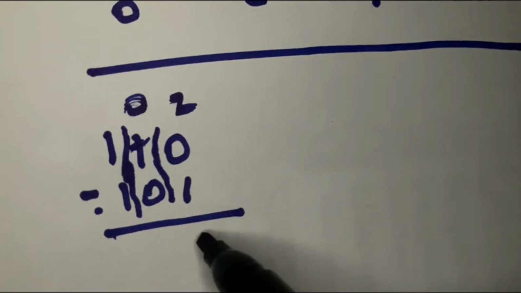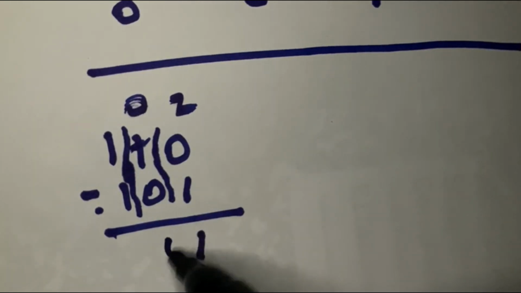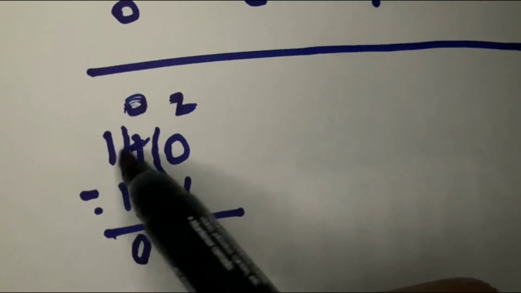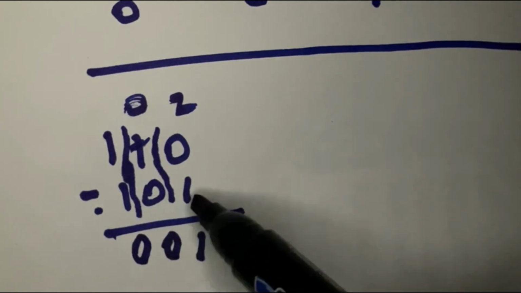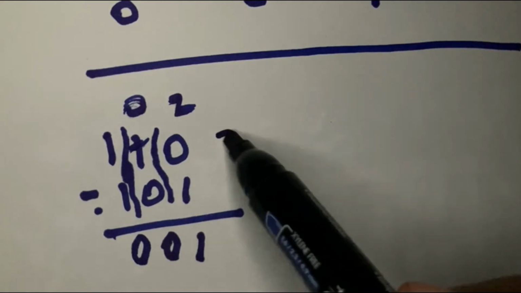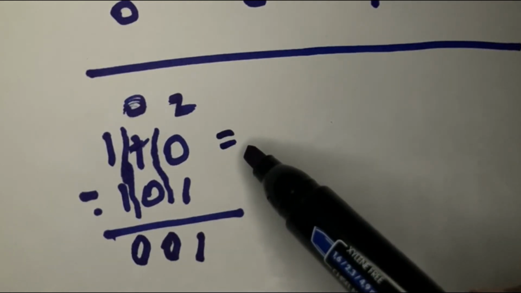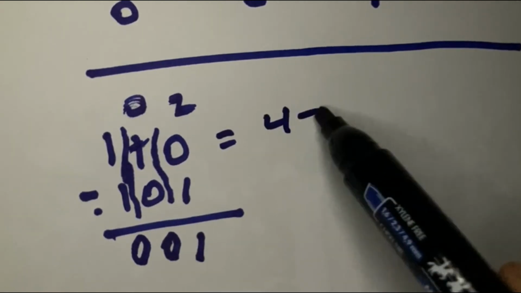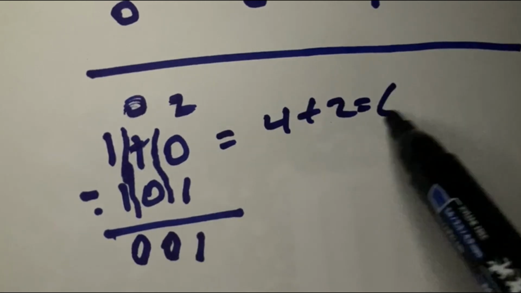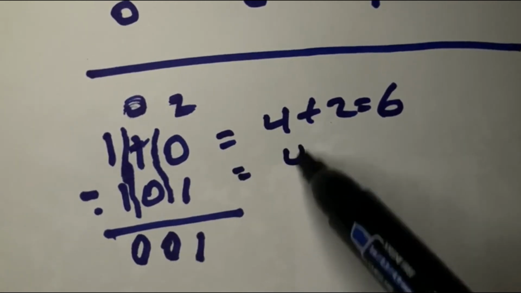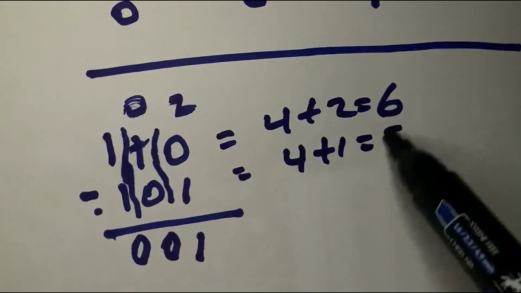So 2 minus 1 is 1. 0 minus 0, 0. 1 minus 1, 0. So the binary digit 110 minus 101 will be 001. To make sure, 110 is 4 plus 2, which is 6, and 101 is 4 plus 1, which is 5.